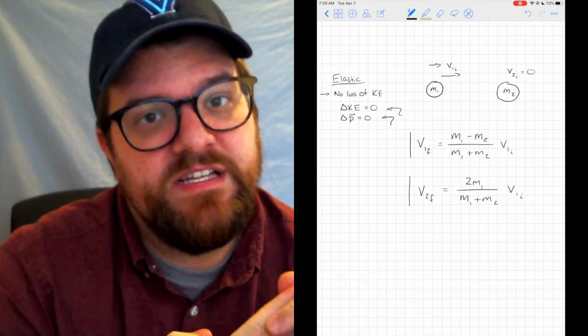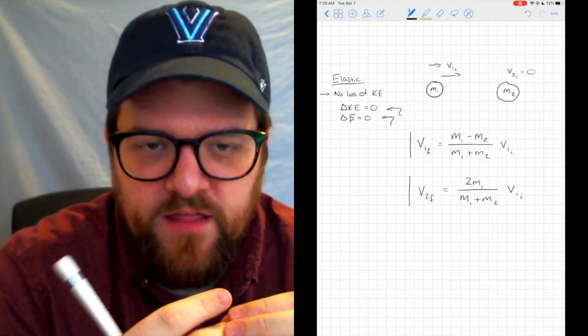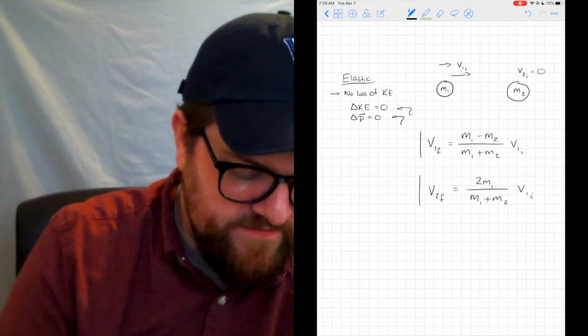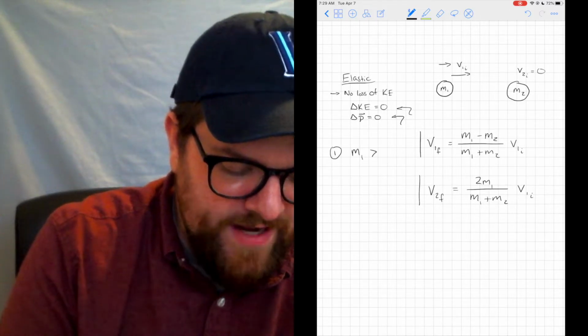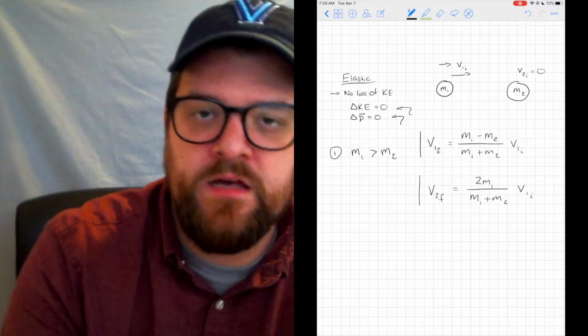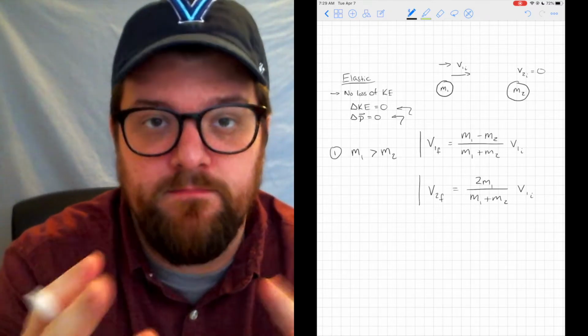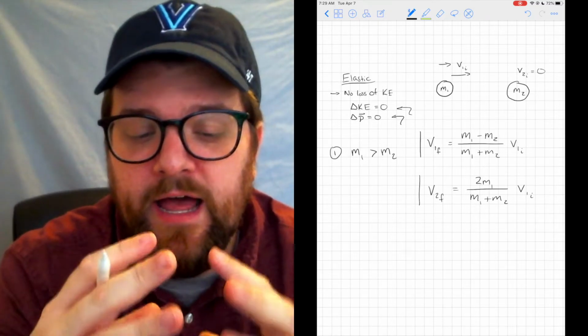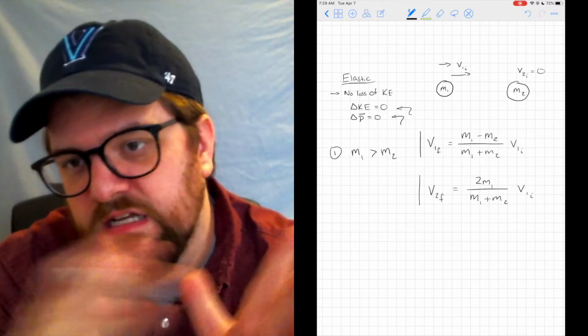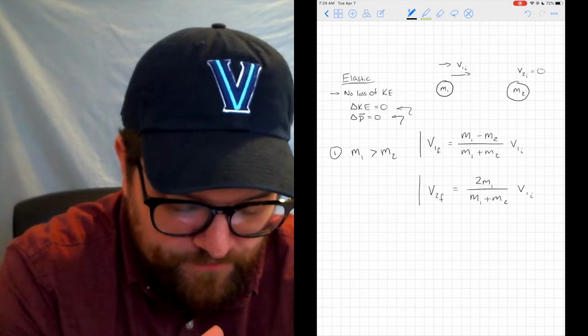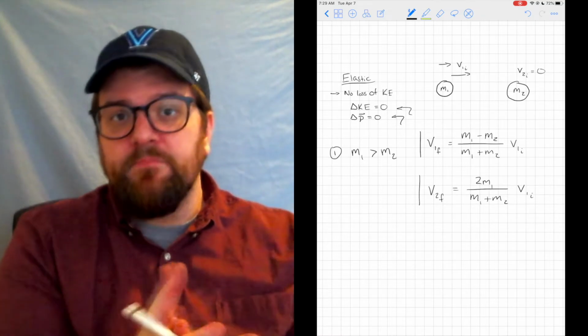Now, what's really interesting is when we look at very specific scenarios. There are namely three scenarios that I want to talk about. The first scenario has M1 greater than M2. So M1 is a big old ball, and M2 is a very small sphere. M1 is going to come in and hit M2. M2 is going to move.